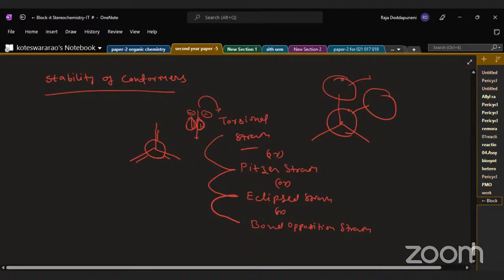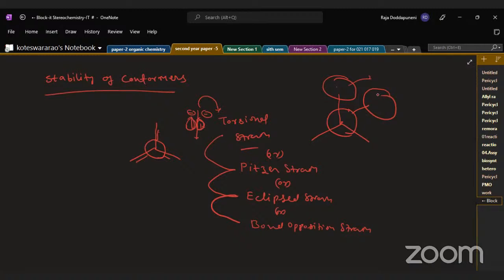Each group or atom has a particular van der Waals region. When the van der Waals regions of adjacent groups come together, a repulsive interaction may be generated. These are known as van der Waals repulsions, or van der Waals interactions.